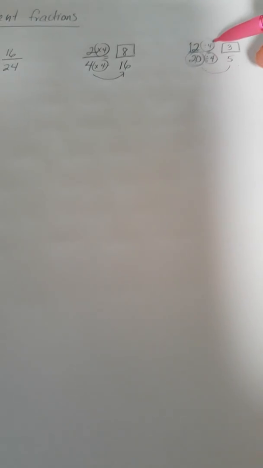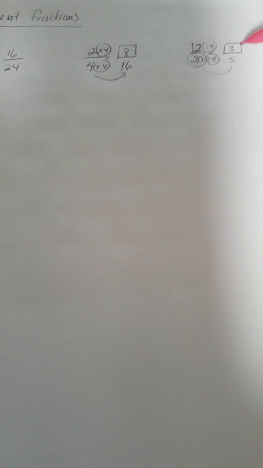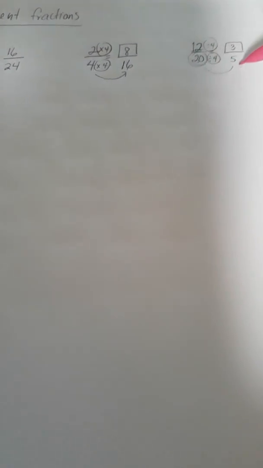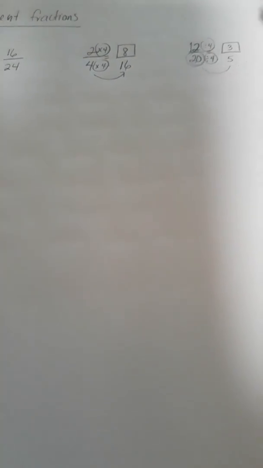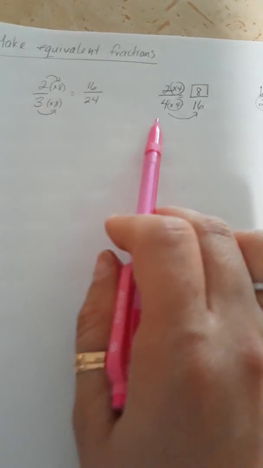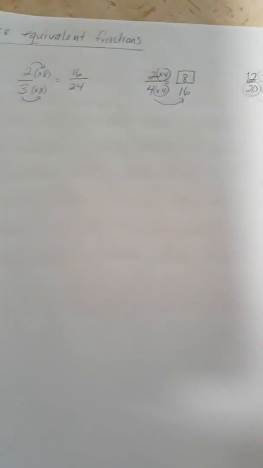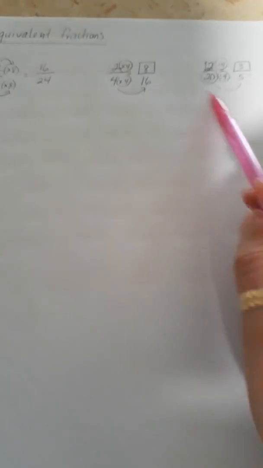If we divide by 4, whatever we do to one brother, we do to the other. That'll be 12 divided by 4 is 3, and 20 divided by 4 is 5. And there we have an equivalent fraction also. The book doesn't present much of this kind of exercise. It goes more with multiplication, but you will find a couple like this. And that is how we find an equivalent fraction.